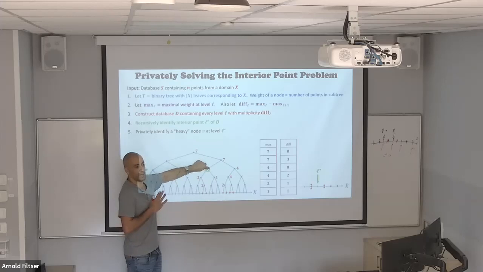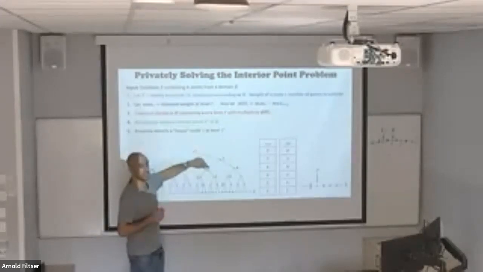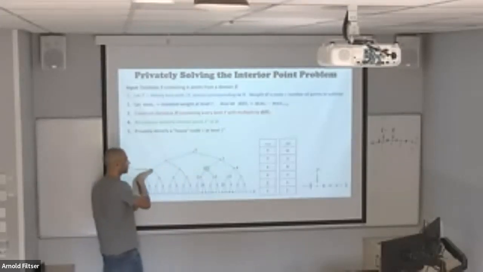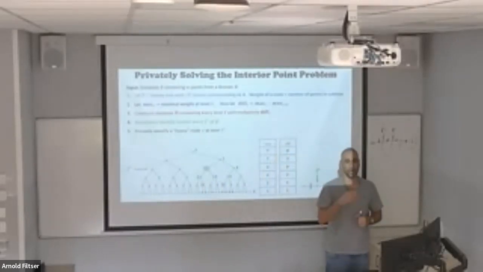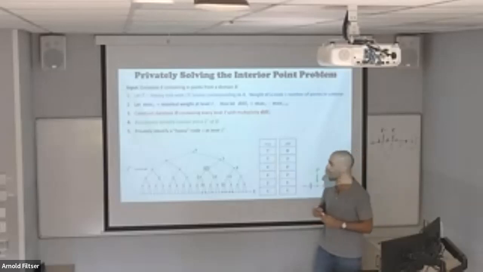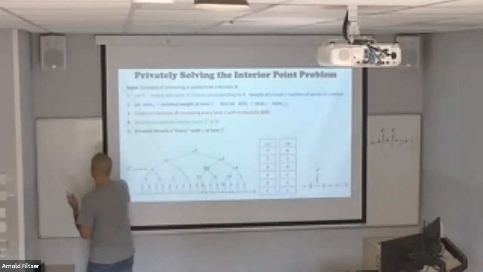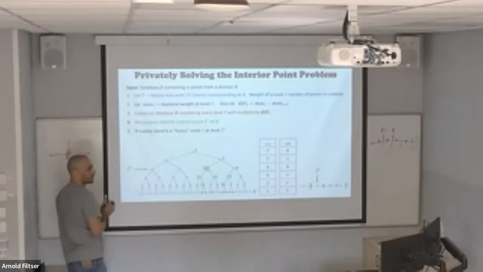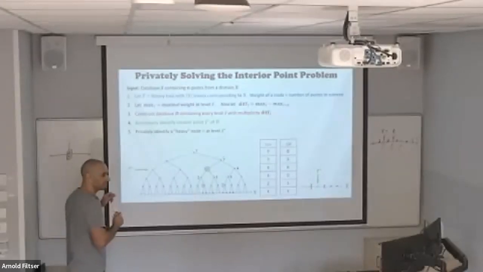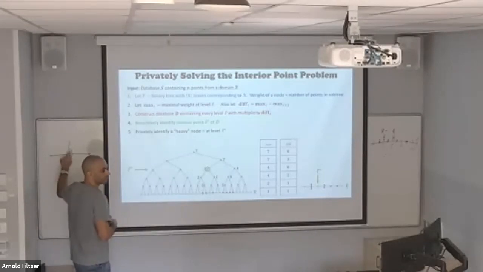There are easy tools in the literature of differential privacy that allow me to do this. Once I focus on a specific layer, if there is a super heavy node, I can put my finger on it. It's similar to the question that you asked before. What happens if you have all of your data points in this point and 1 point here? And I said, that's an easy case. I can put my finger on the super heavy point.